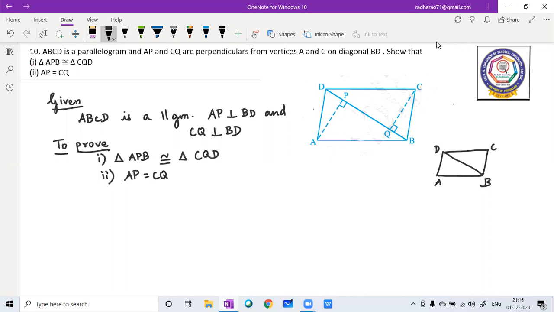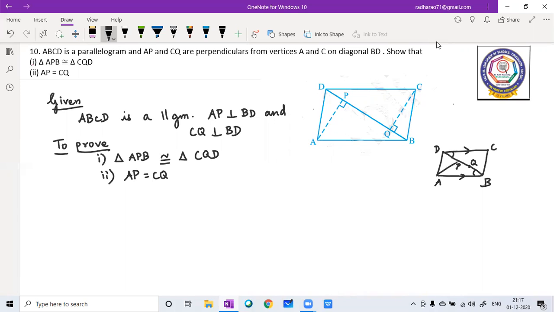You know, in a parallelogram, opposite sides are parallel. So AB and DC are parallel, and BD acts as a transversal. So alternate interior angles are equal. Here there is a P and here there is a Q. So angle ABQ and angle CDP are equal.